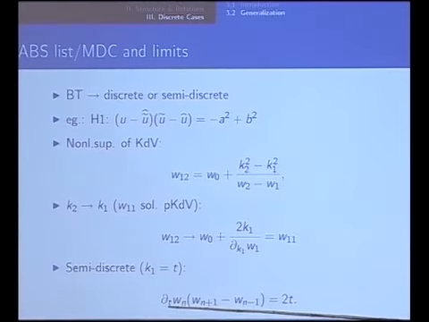And then we take limits K3 to K2, and then K2 to K1, and we also get a limit solution, W111. It is a limit solution of KdV. And in the same way, K1 is T, and we can get semi-discrete equations.